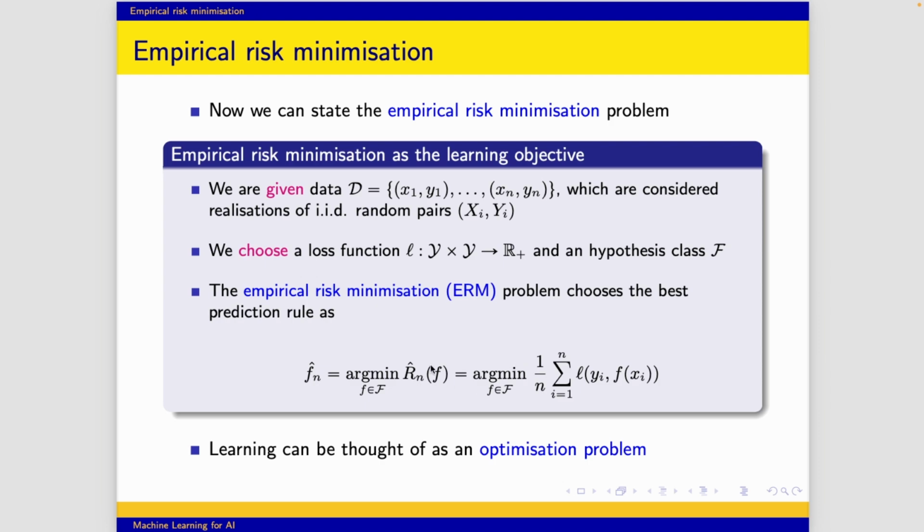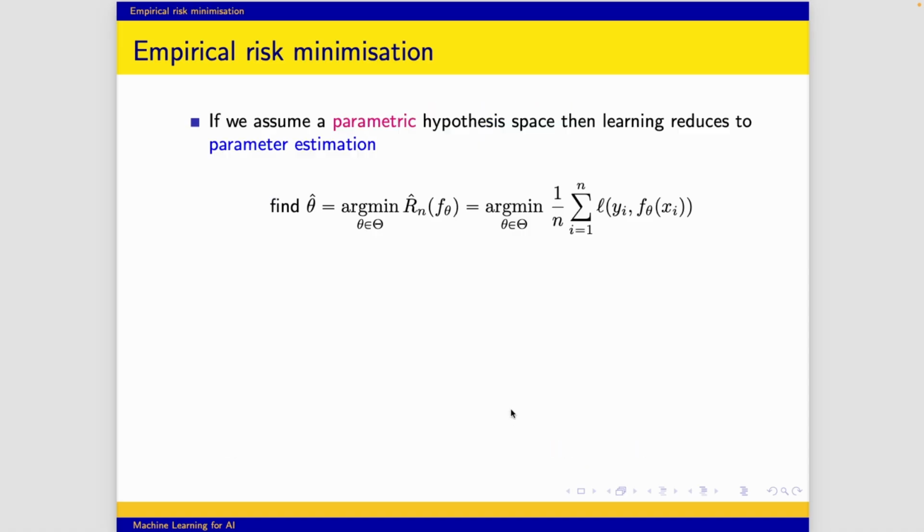So you can see here that learning is essentially now an optimization problem. We are just minimizing this. But how do we turn this into a practical problem? Because we still don't want to be minimizing over functions, doing anything like calculus of variations.